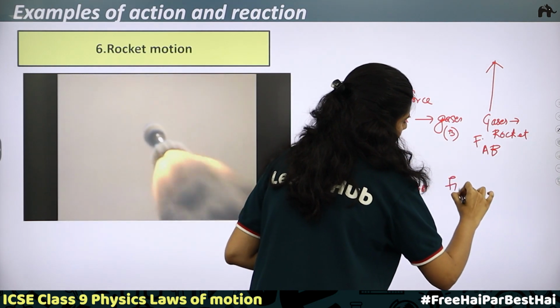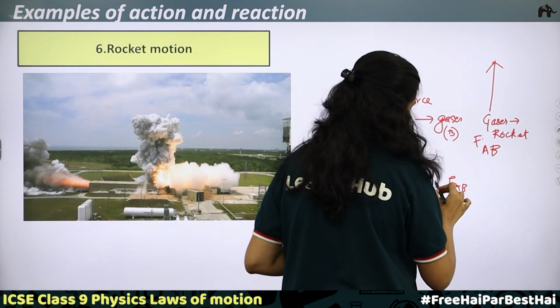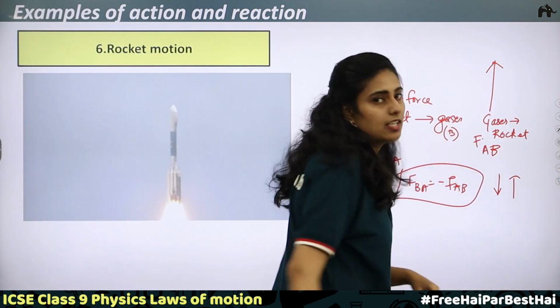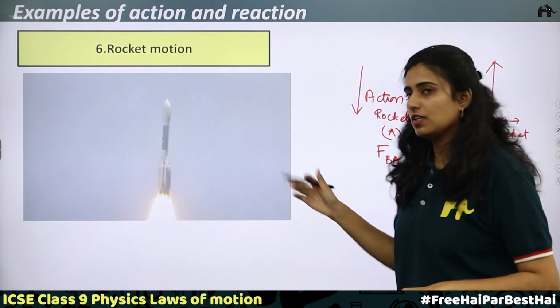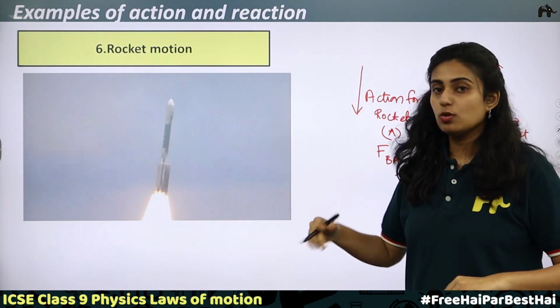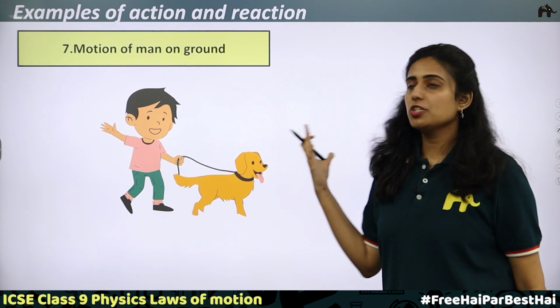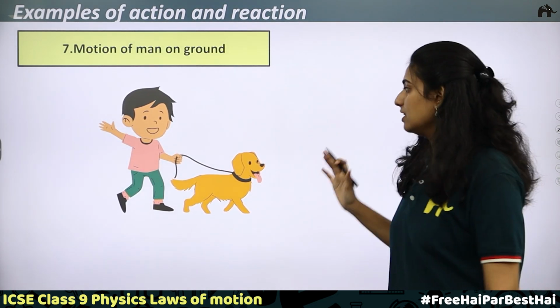FBA and FAB are of equal magnitude and opposite direction. One is in the downward direction and the other is in the upward direction. So if somebody asks you how a rocket is moving, this is the reason. Yes, clear?